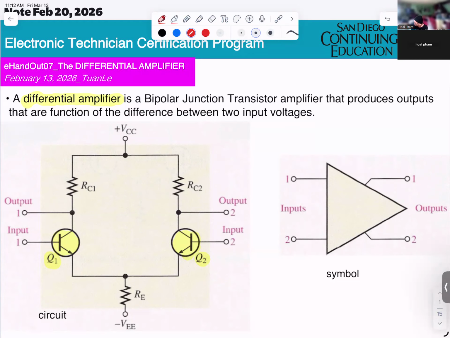Q1, Q2. And Q2 will be the common emitter amplifier.